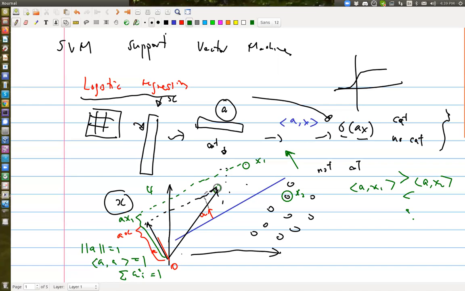And then AX2, if I draw here, maybe is about 0 or something like that, or minus. So this very tiny value here, maybe minus 0.5, I don't know. So you see my point.